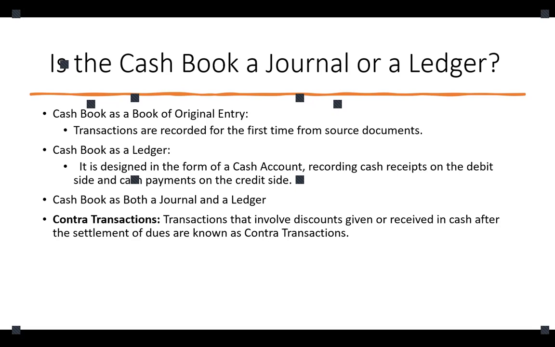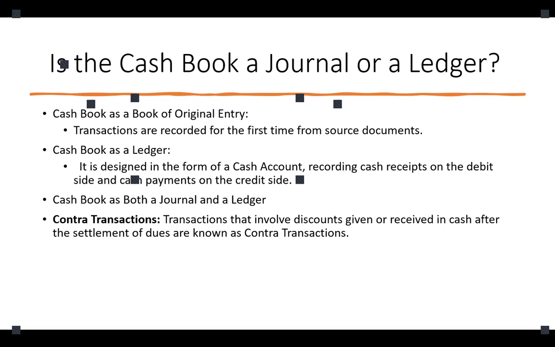So from this angle, we call it a cash book as a ledger. Considering the above two points, cash book as a book of original entry and cash book as a ledger, we conclude that cash book serves as both a journal and a ledger.